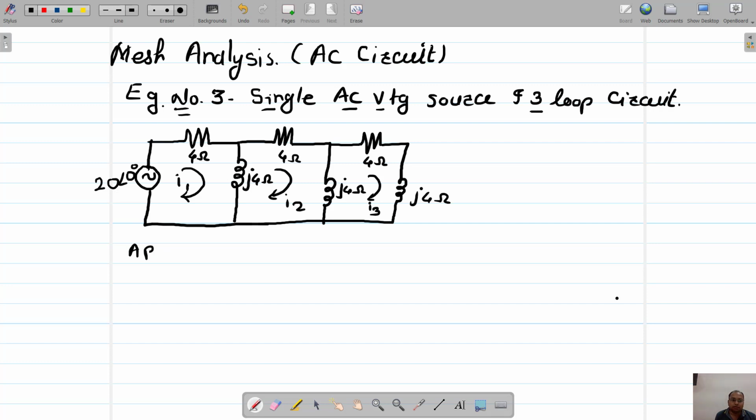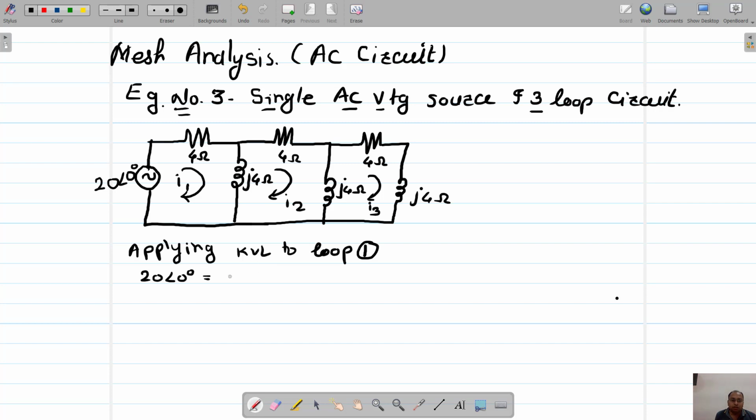Applying KVL to loop 1. The voltage source is 20 angle 0, and it is there for the first loop.